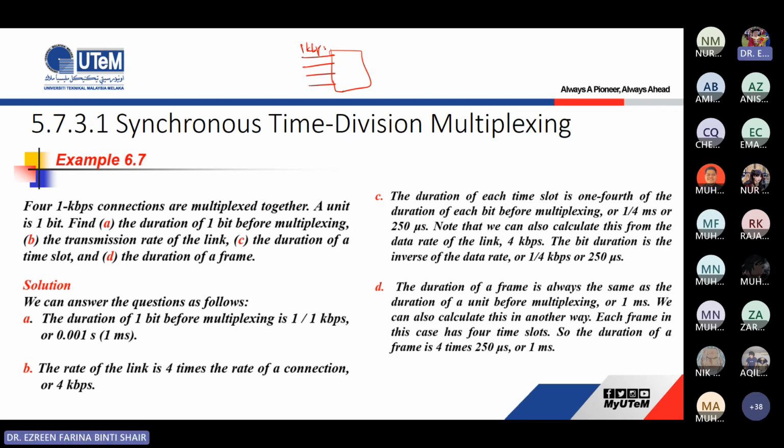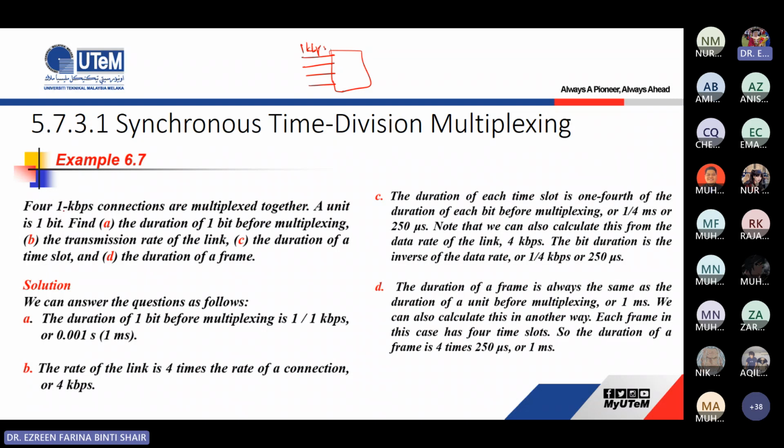How can we answer this? The answer is already given here. The answer is actually 0.001 second. But what does the question actually mean?